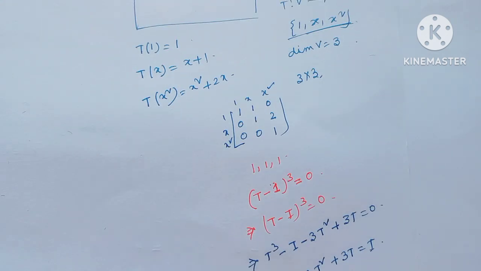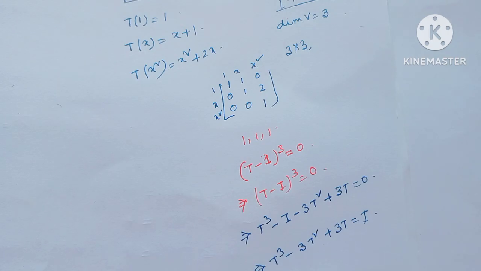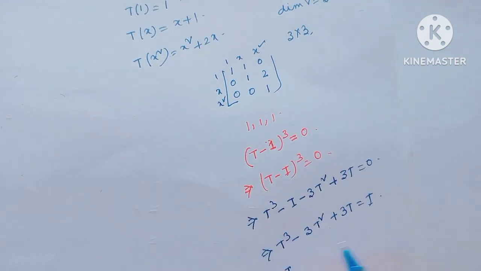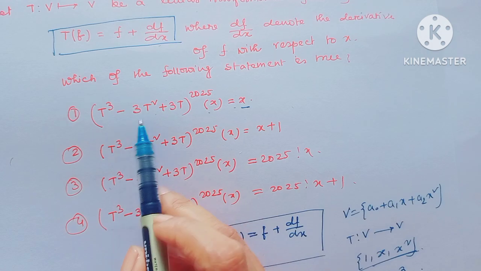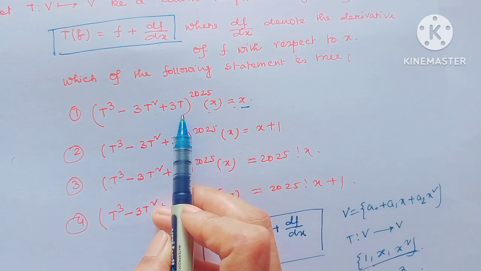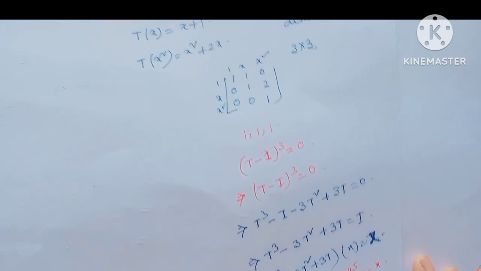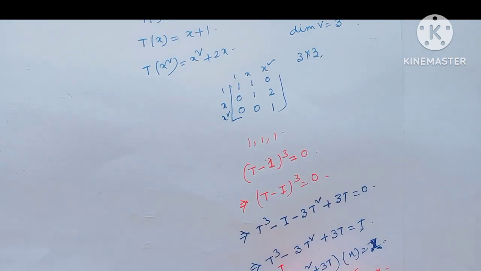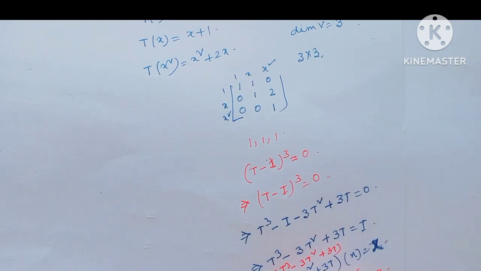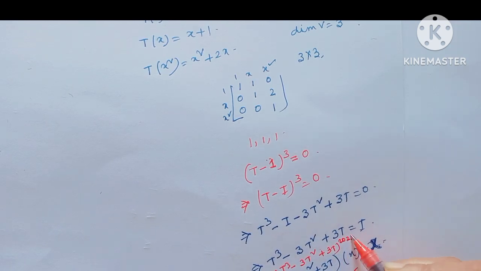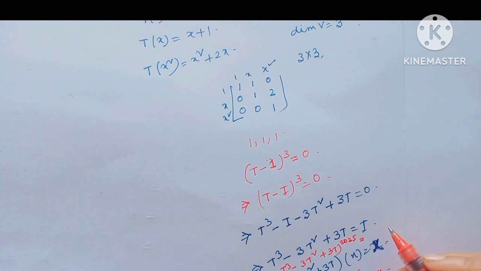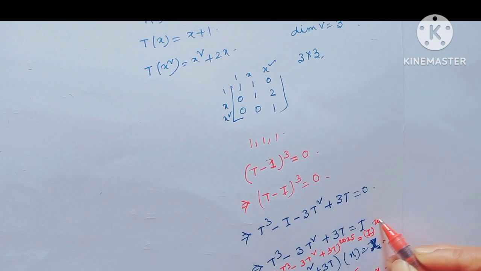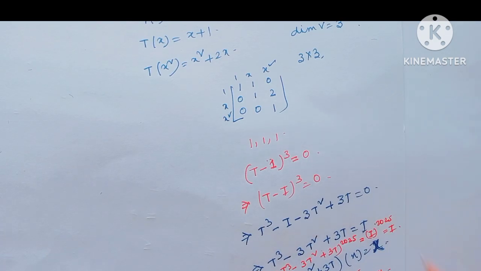I hope all my viewers have understood. That means this is actually the given operator, T cube minus 3T square plus 3T. Since this is the identity operator, (T cube minus 3T square plus 3T) to the power 2025 would be identity to the power 2025, which is actually identity.